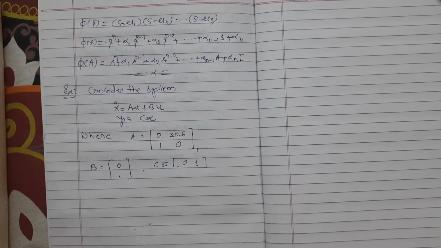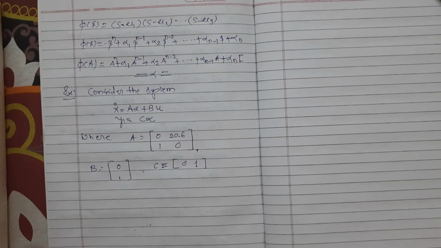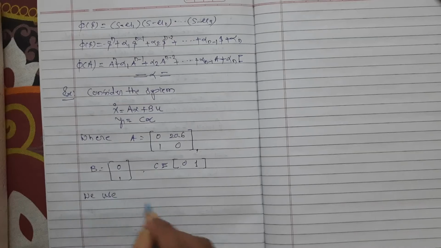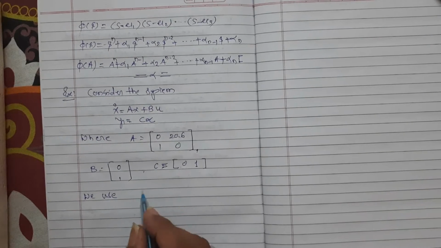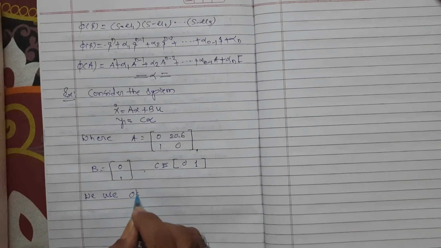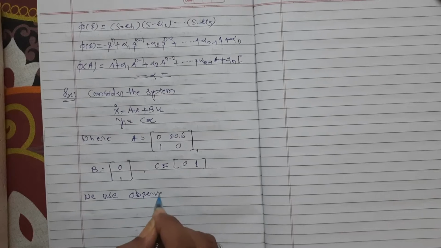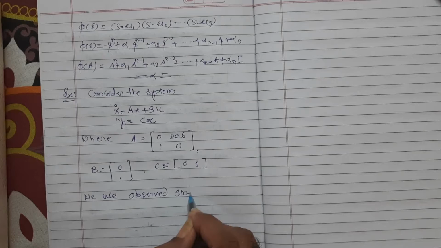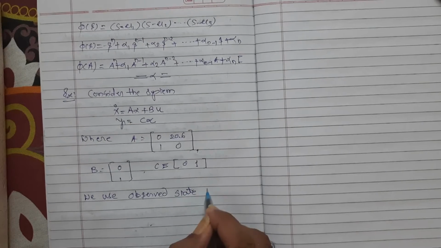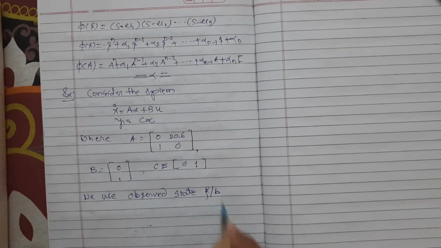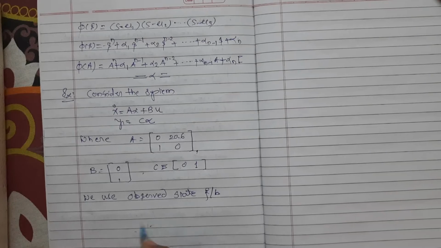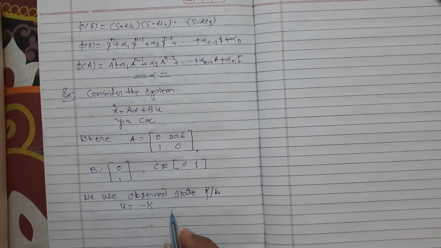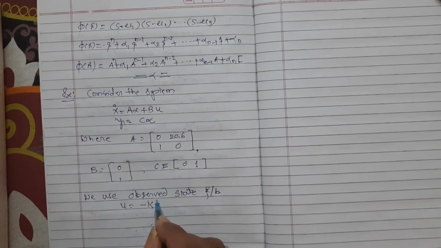We use state feedback, we use an observer. State feedback u equals minus k multiplied by x bar.